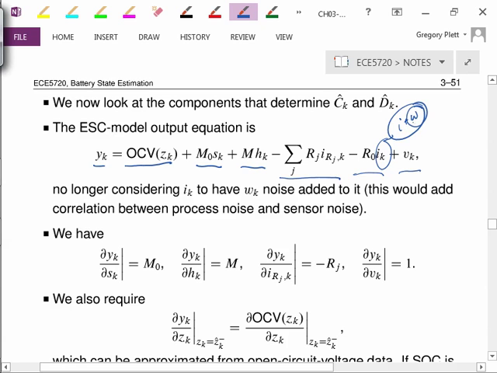But here I would be adding R_0 times W to the output equation and adding V to the output equation, so there would be definitely a correlation between W and the noise on Y.